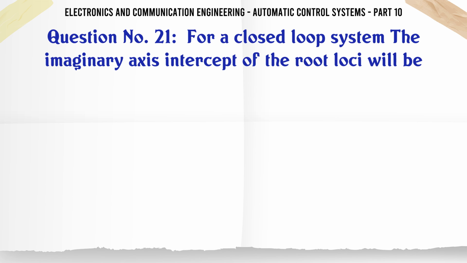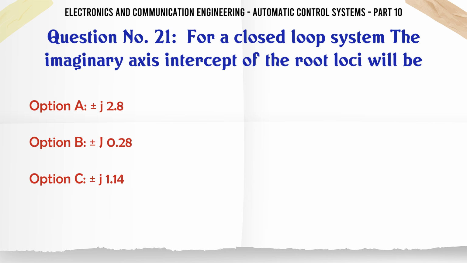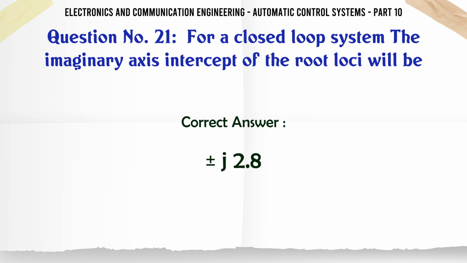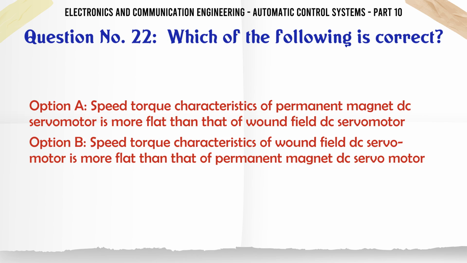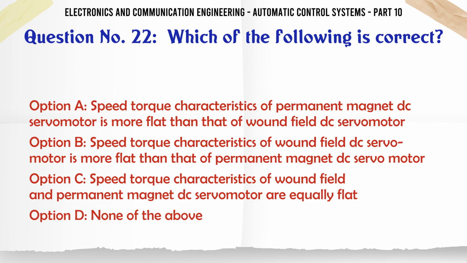For a closed loop system, the imaginary axis intercept of the root loci will be A, j2.8, B, j0.28, C, j1.14, D, j11.4. The correct answer is j2.8. Which of the following is correct? A, speed-torque characteristics of permanent magnet DC servomotor is more flat than that of wound-field DC servomotor.